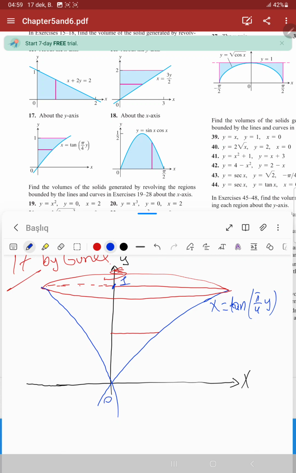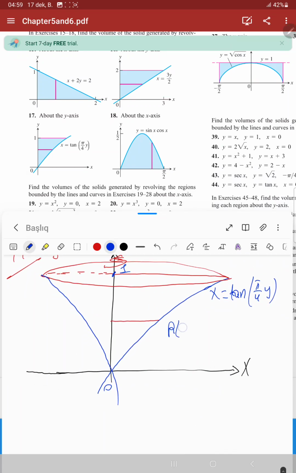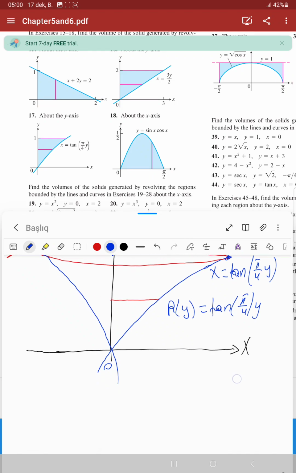Okay, volume. Our r(y), first let's find r(y), is of course tangent pi over 4 y. Now, I think that's it.